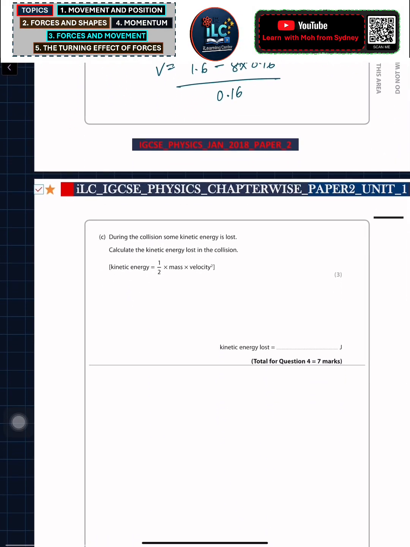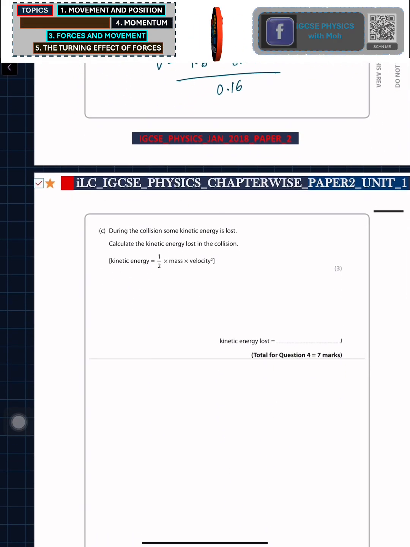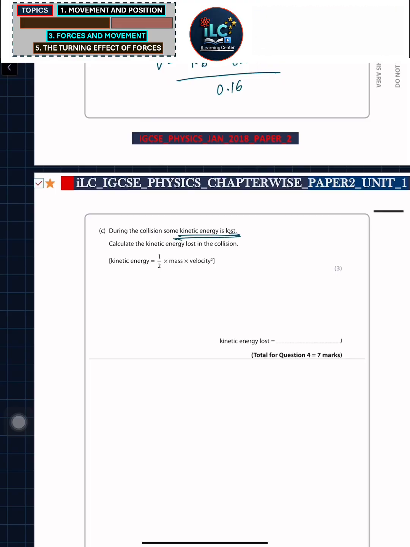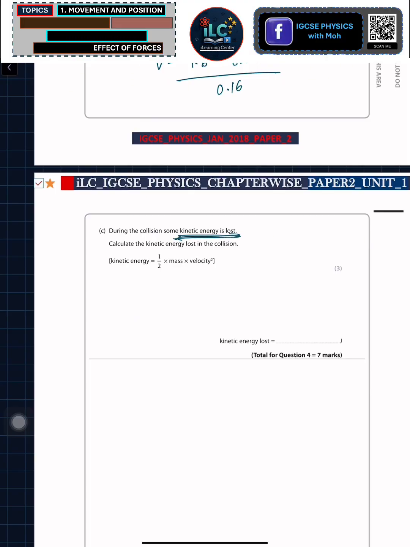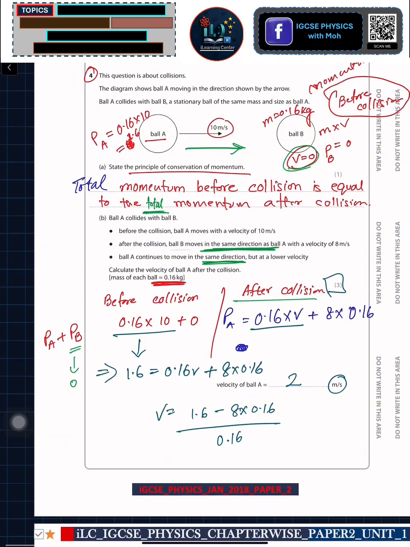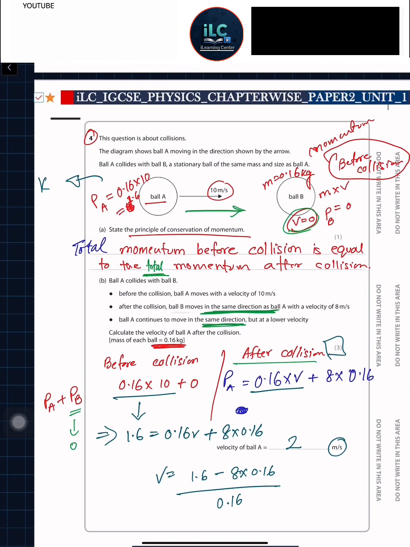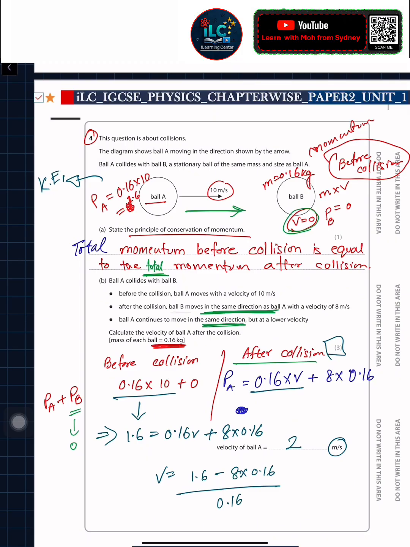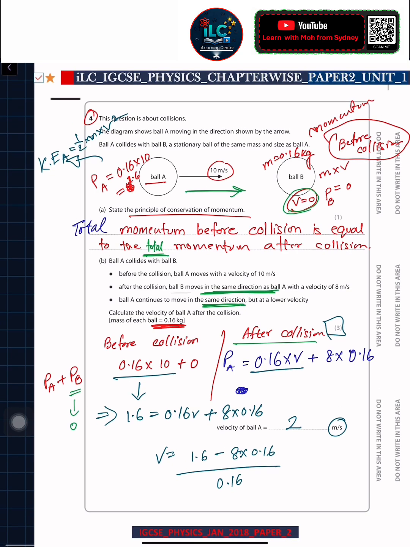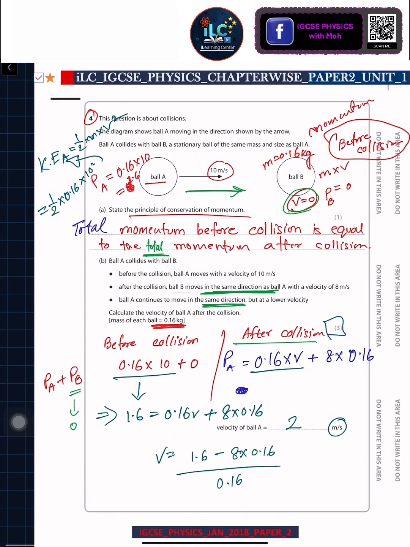The next question says during the collision some kinetic energy is lost. Calculate the kinetic energy lost. Let's find the kinetic energy here. The kinetic energy of A is half times mass times velocity squared. So what is half times 0.16 times 10 squared?